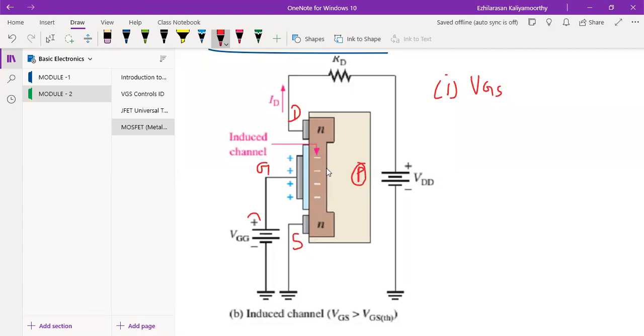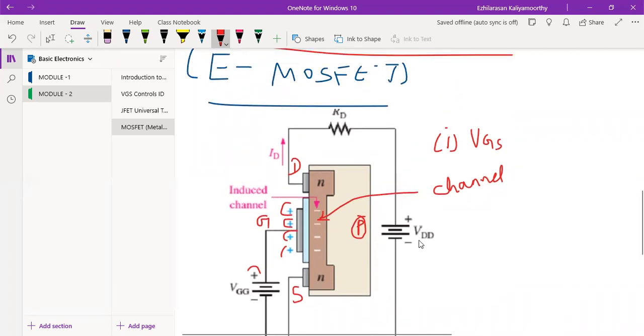This is the N type. Whatever we are showing here, this portion is the channel. Over this, these are all the positive charge carriers, because the gate is P type, plus to plus. Now the source is connected to ground.